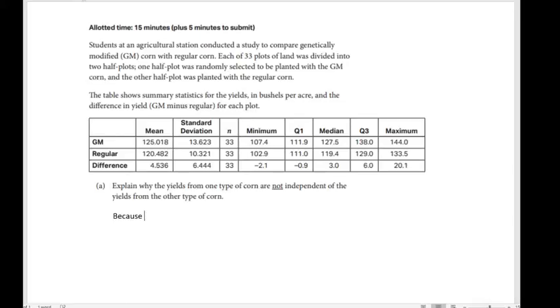Because there are differences in the characteristics of the plots, there will be differences in the yield of corn between plots.